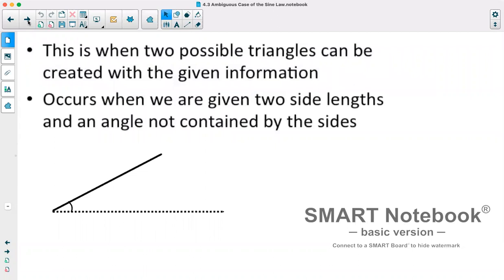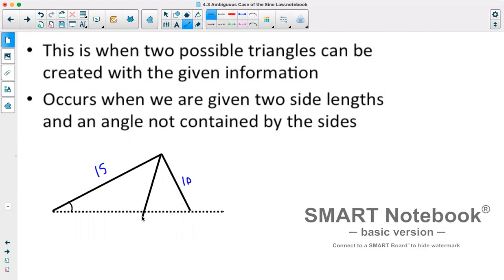So the ambiguous case is when two possible triangles can be created with the given information. It occurs when we're given two side lengths and an angle not contained by the sides. For example, we have this angle here that's connected to a side length we do not know. We know this side, let's say it is 15, and we could have a side that fits here, which could be 10, but that same distance if rotated could also go here.